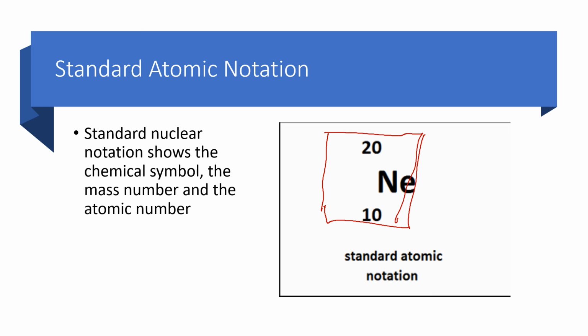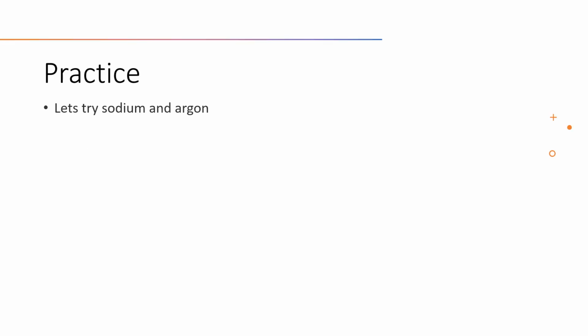The top number is the mass number, and the bottom number is the atomic number. So if you have this symbol, from here you can still figure out the number of protons, the number of electrons, and the number of neutrons using this information. So let's practice writing it on the next slide here.